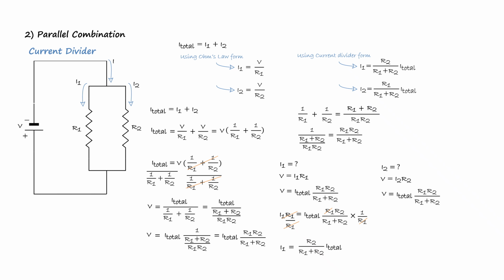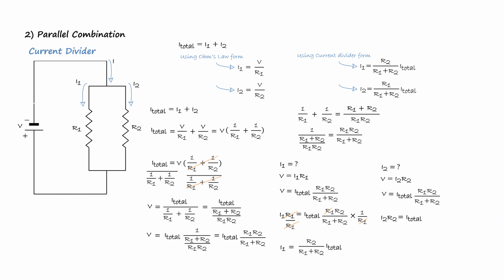And then we substitute this in place of V, and after we substitute, I2 times R2 is equal to I total times R1 times R2 over R1 plus R2.